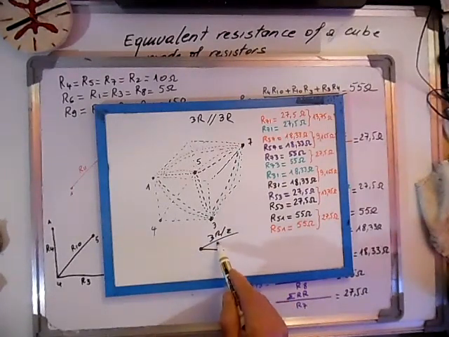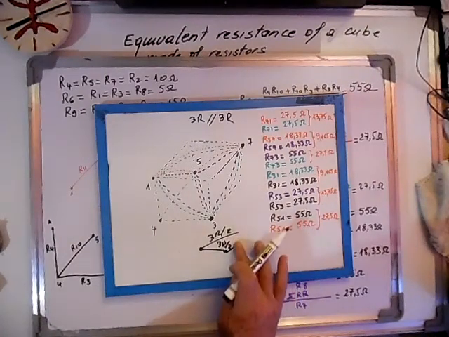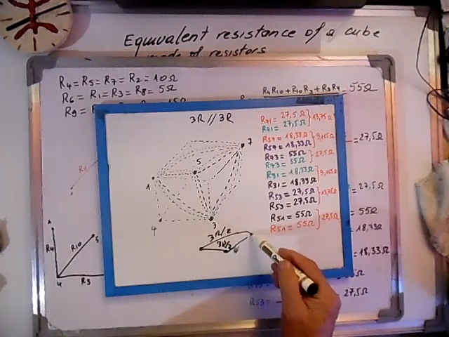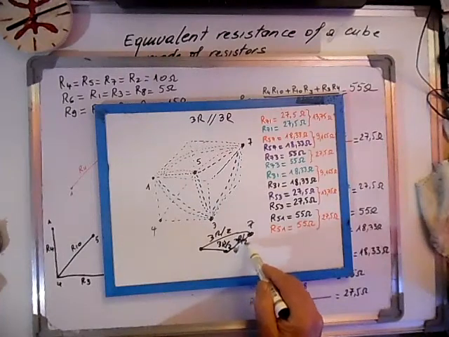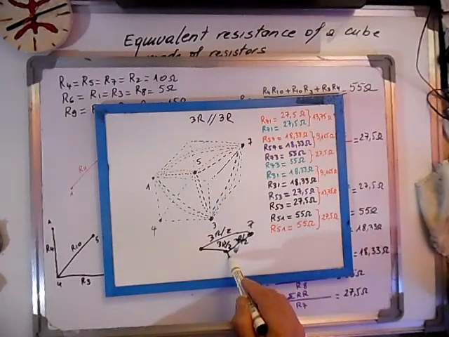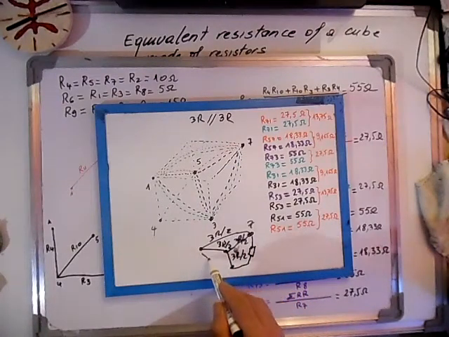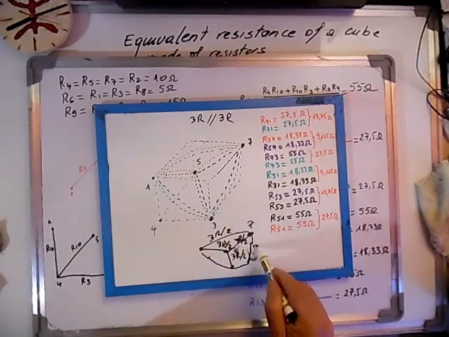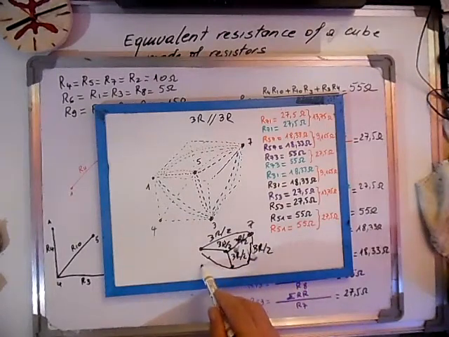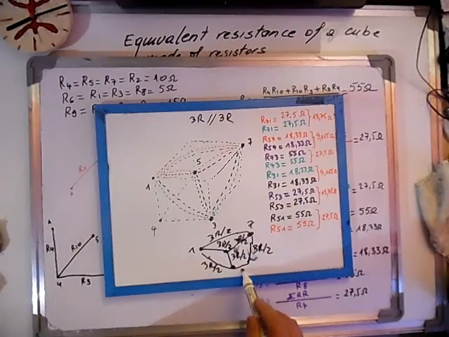This is node 7, 3R over 2. Well, I don't have to draw. This is node 1. Node 3.